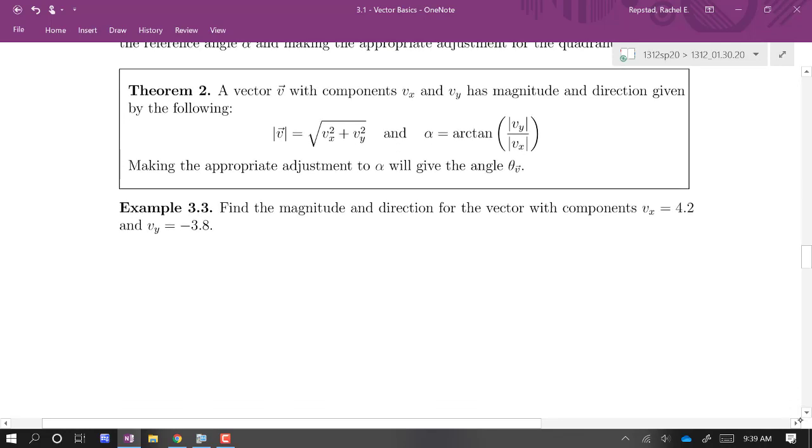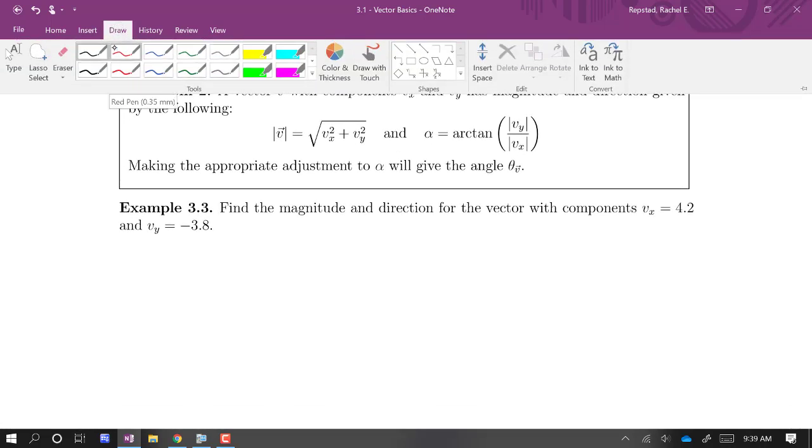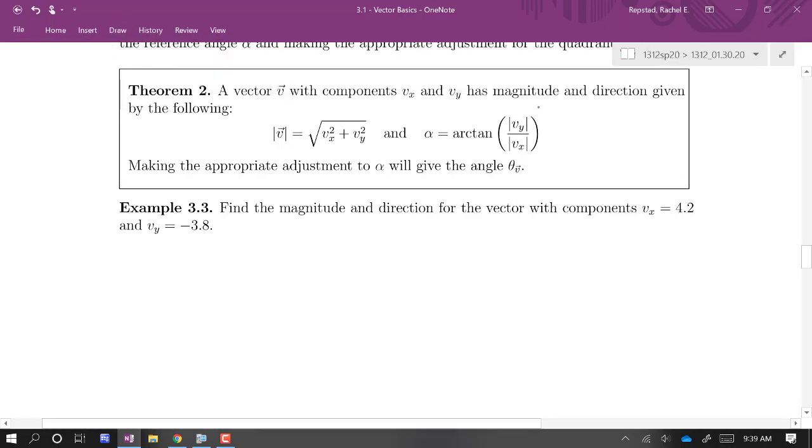Oh, and actually, hold on. A quick note here. When we find the reference angle, just a reminder, we're always plugging positives into the arctan to make sure that we get that first quadrant angle, which I'm calling alpha.